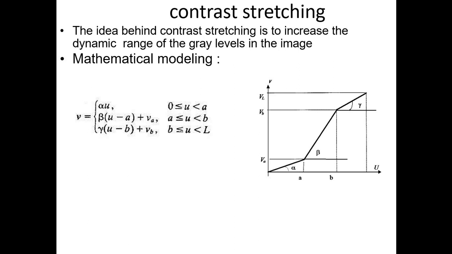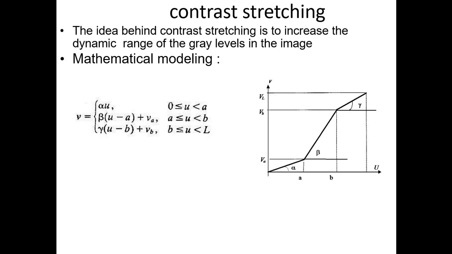Now this is the first point transformation method, contrast stretching. So the idea behind contrast stretching is to increase the dynamic range of gray levels in the given image. So the basic principle is to make the brighter portion of the given image brighter and the darker portion of the given image darker, so that the dynamic range of gray values will be wide enough, right?